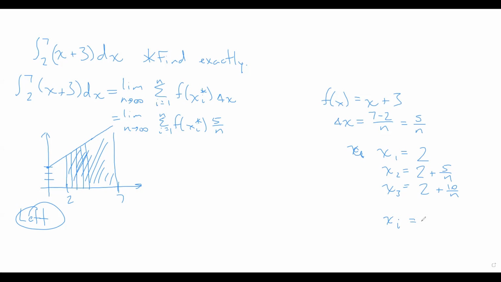Is it 2 plus 5 i over n? Are you sure? It's a little bit off, because you all decided to go left this time, right? So it's actually going to be 2 plus 5 times i minus 1 over n.